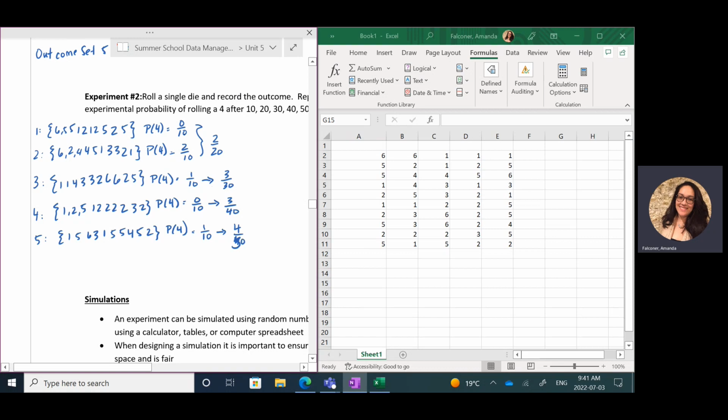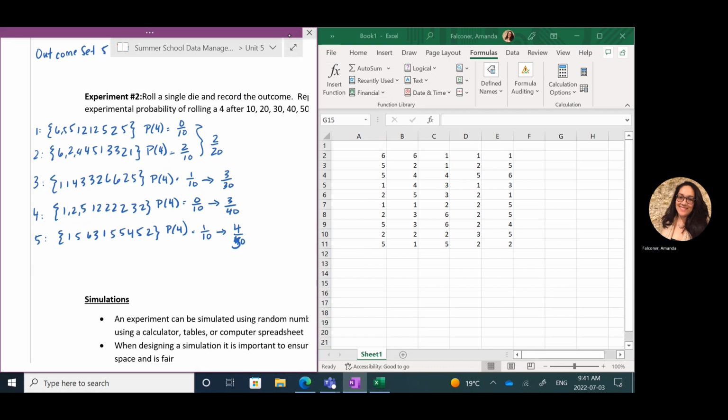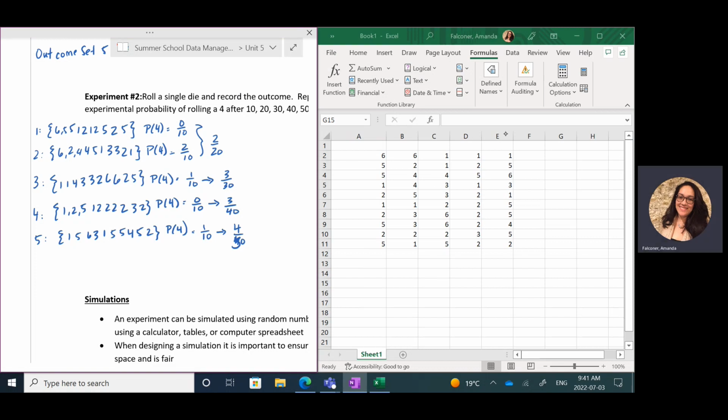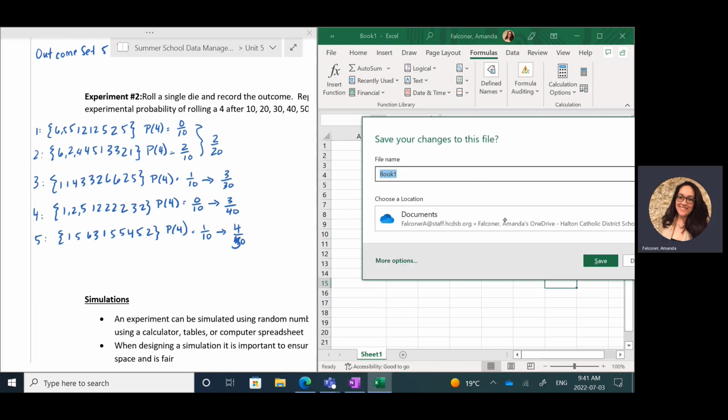So I have my separate experimental probabilities for the different sets of 10.